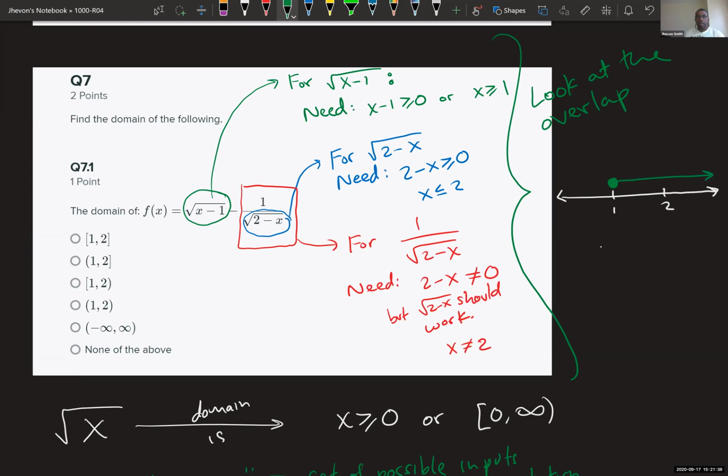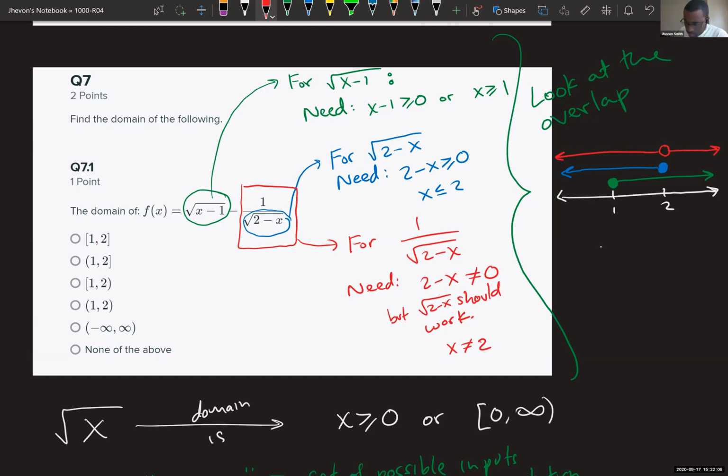For the radical of 2 minus x, I need x to be less than or equal to 2. So 2 is fine, and anything less. And to make sure that the denominator of the fraction works, x cannot be equal to 2. So for that requirement, 2 is not allowed, but anything else is allowed.